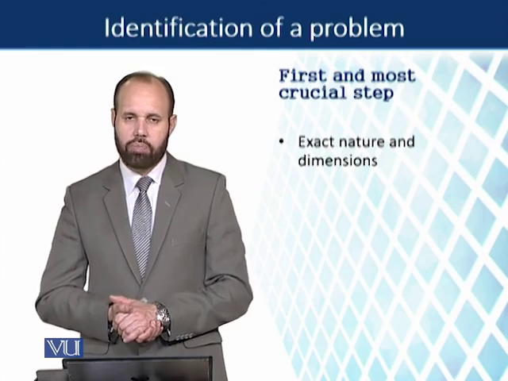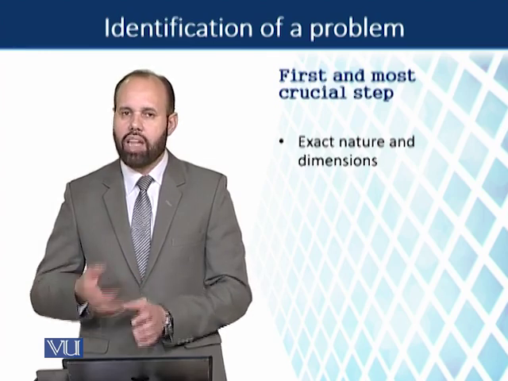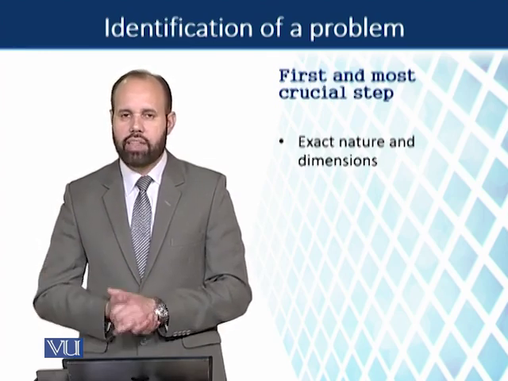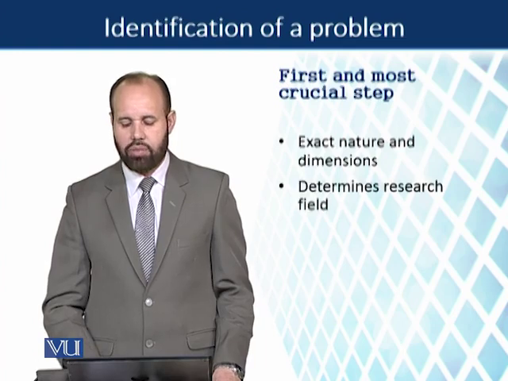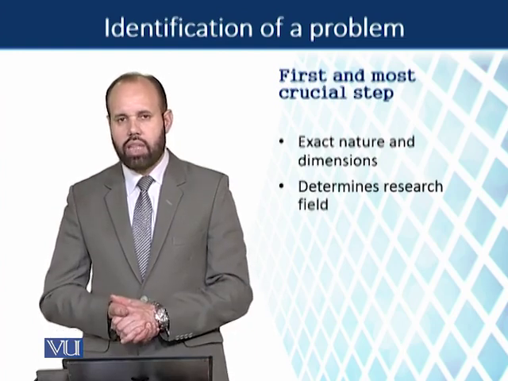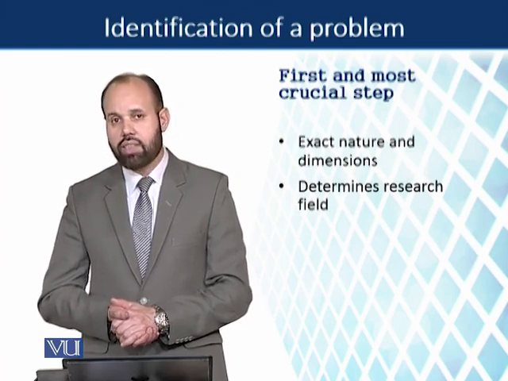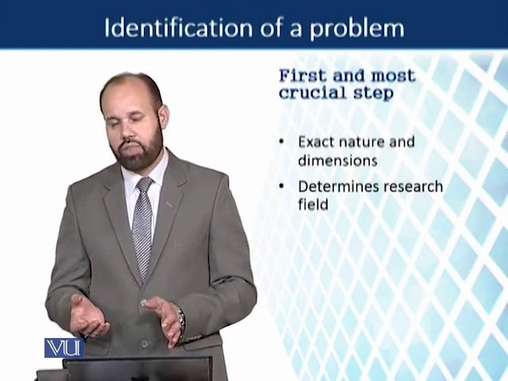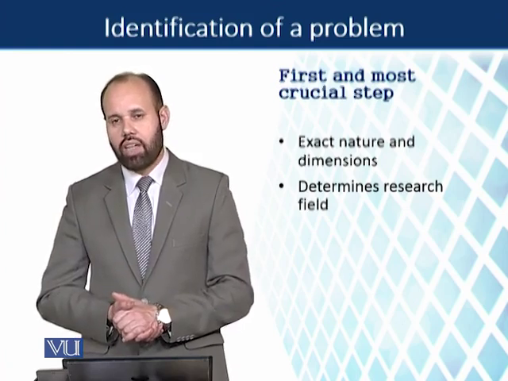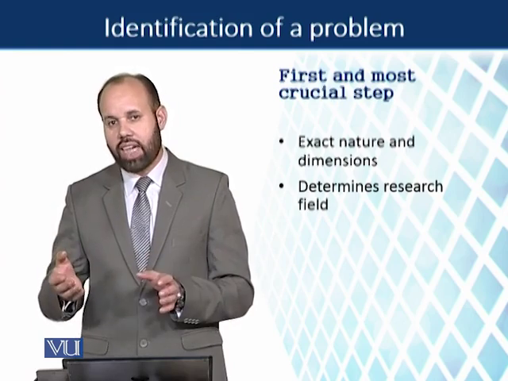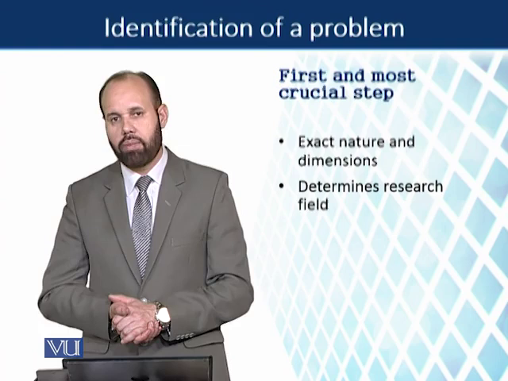We must be able to explore what the nature of that problem is, what type of problem it is, and what dimensions are part of this nature of the problem. The identification of the problem would determine what our area of research is, what type of research it is going to be, and what sort of data collection is required. That is just on the basis of the identification of the problem, right?